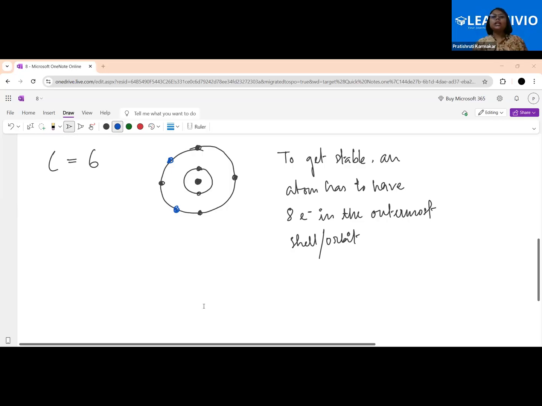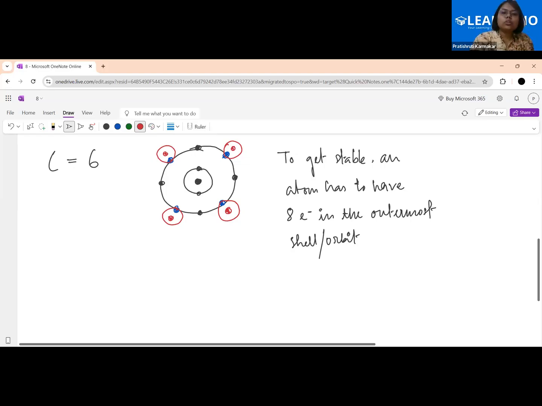Okay, in this way, upon sharing electrons, let's say we have some atom here. This is some other atom, and they are sharing that electron. This way carbon makes 4 bonds.